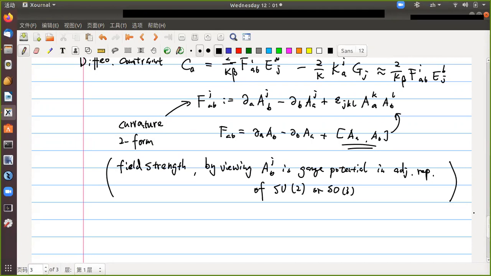Okay, I think that's all for the diffeomorphism constraint, and then for the Hamiltonian constraint, you can work out.